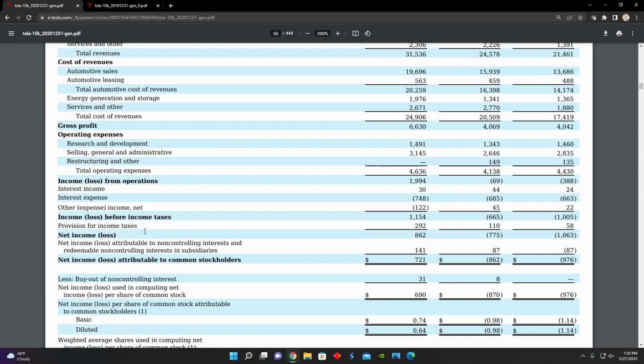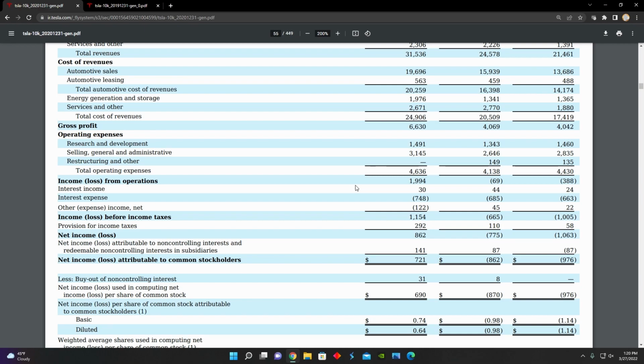And then right here, provision for income taxes. This is basically just an estimated amount of income tax that a company is legally expected to pay to the Internal Revenue Service at the end of the current year. And obviously, income taxes are usually paid in the next year. Since this income statement was created for December 31st, 2020, all of the taxes for 2020 will probably be paid in 2021.